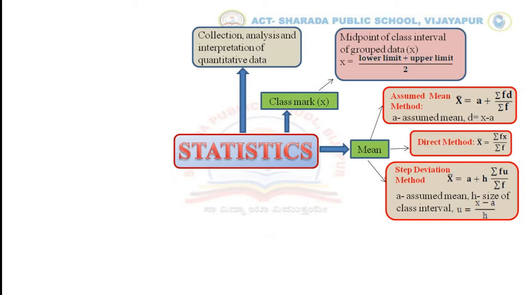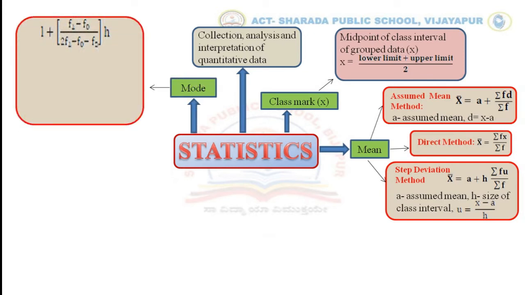The next measure of central tendency is given by mode. In 9th standard, for the ungrouped data, we have studied that mode is the value of the ungrouped data which is repeated more number of times. That cannot be applied for the grouped data.